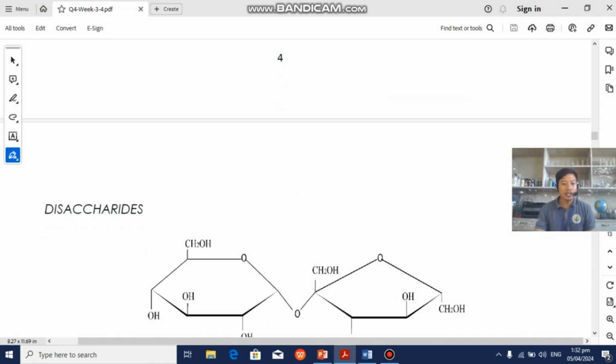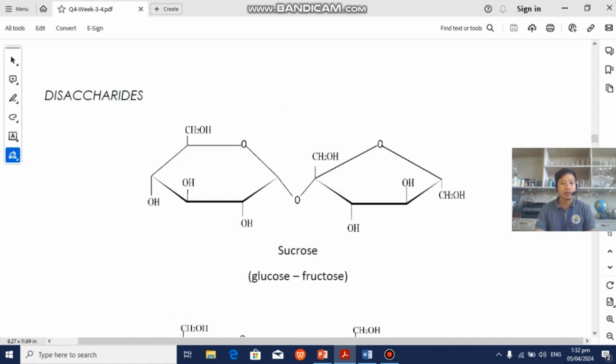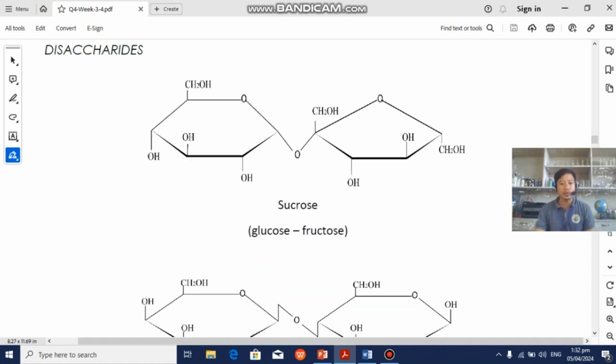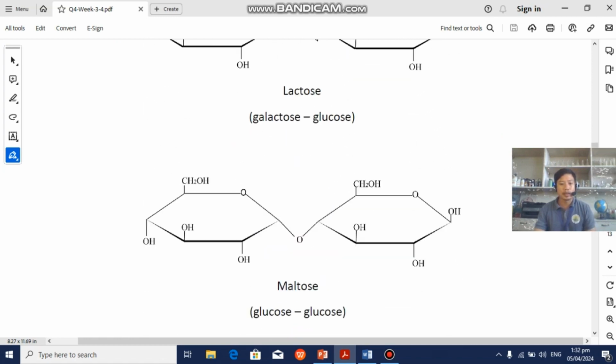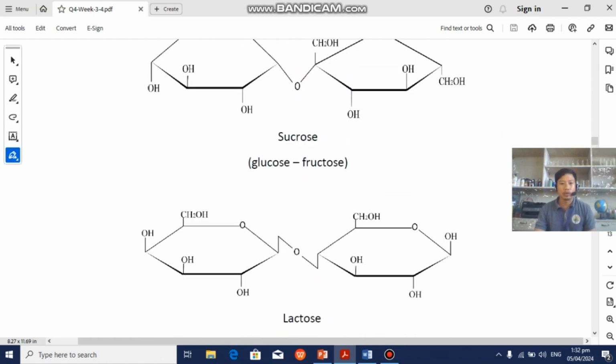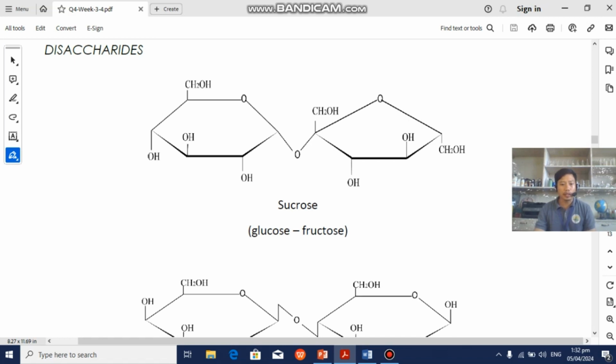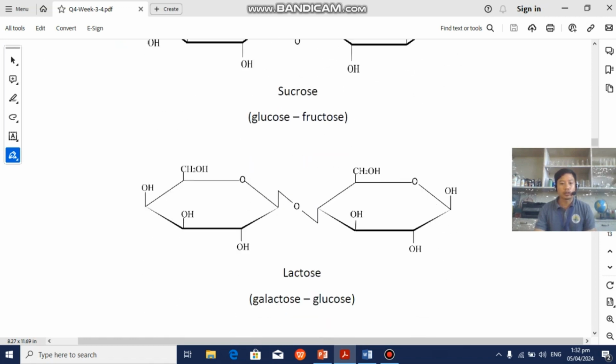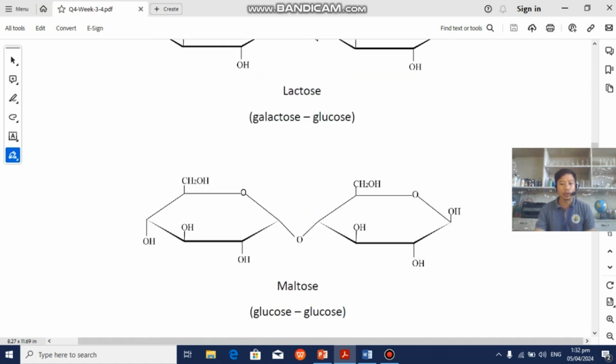Now, let us go to disaccharides. For disaccharides, we have sucrose, lactose, and maltose. Sucrose is a combination of glucose and fructose. Lactose is a combination of galactose and glucose, while maltose is a combination of glucose and another molecule of glucose.